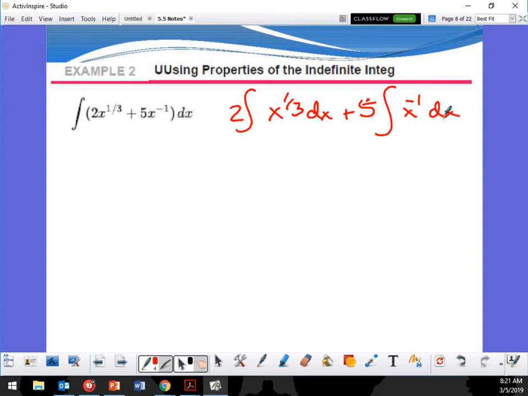All right, so now this is going to give me 2 times whatever my integration is. Let's do my x first.